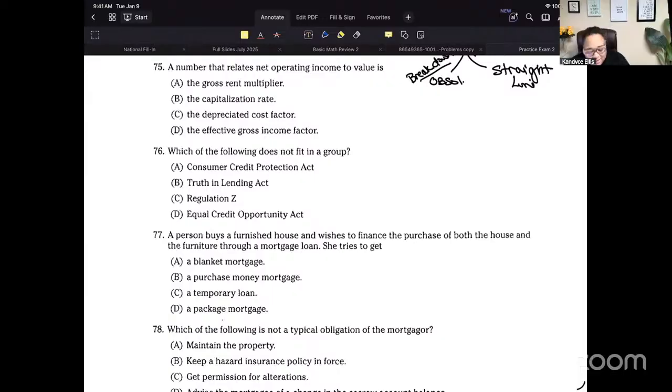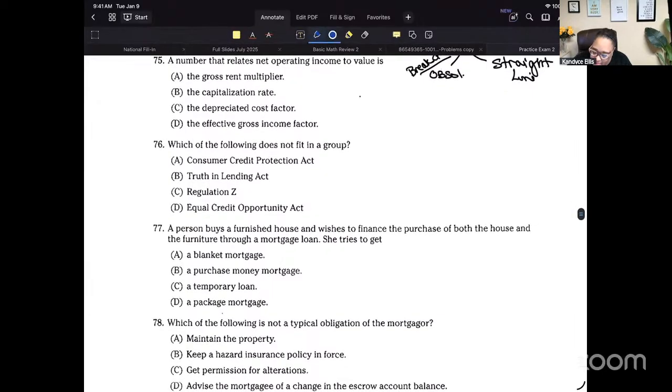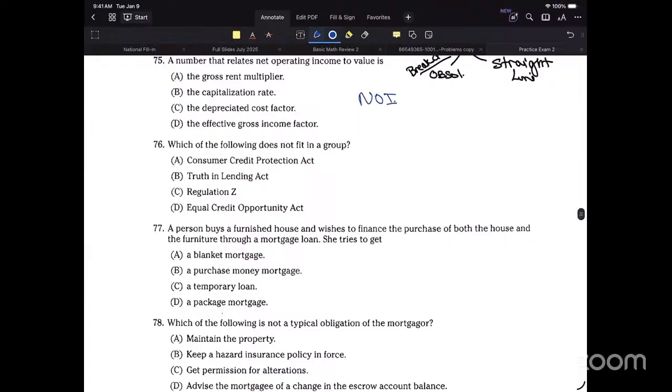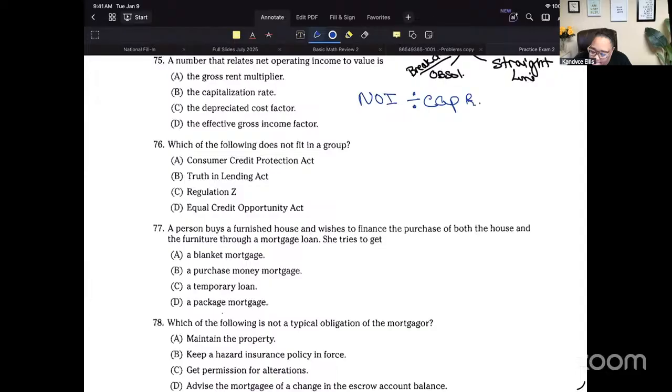If we take the NOI and divide it by the cap rate, you find value. So the cap rate relates the NOI and the value. You need the cap rate to find the value if you have the NOI.